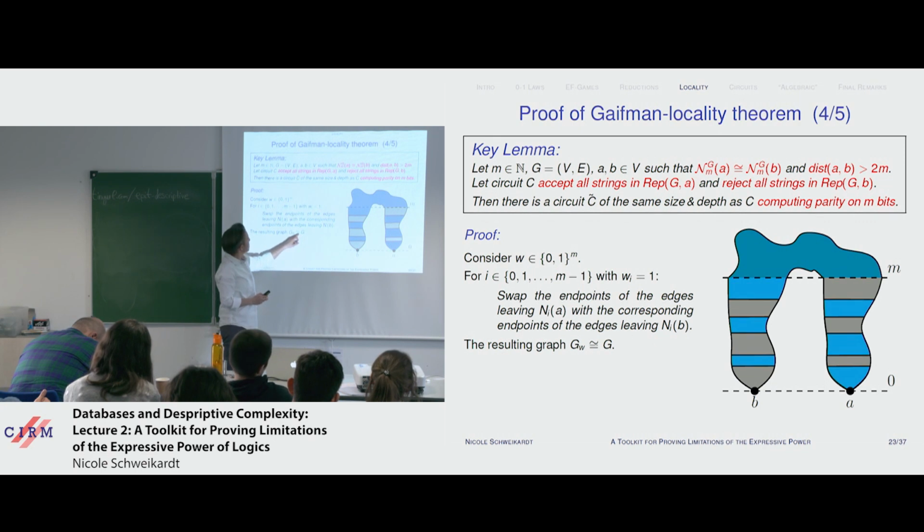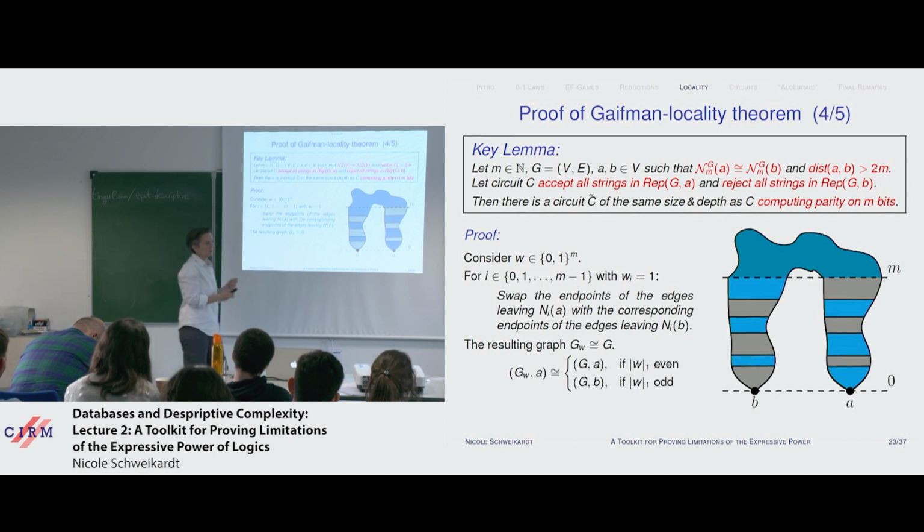But if you have swapped an even number of times, the role of node A is the same. And if you have swapped an odd number of times, the roles of A and B have changed.